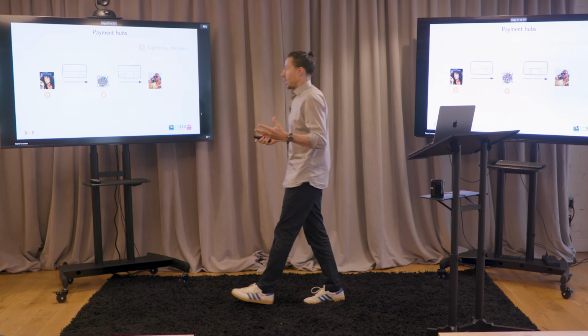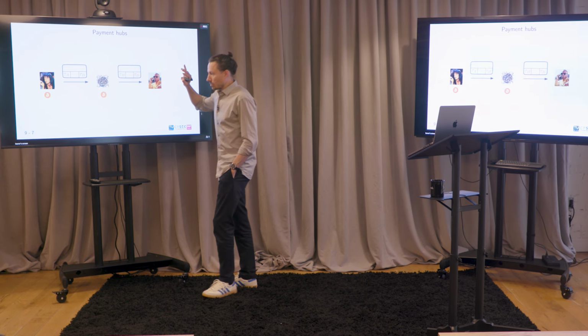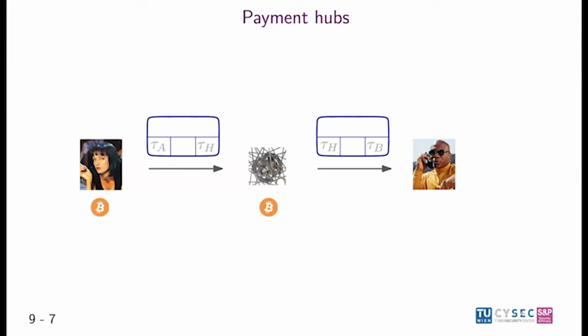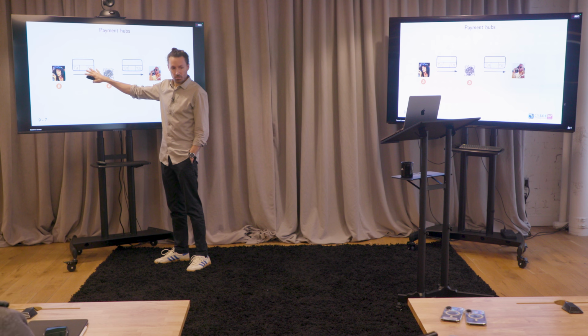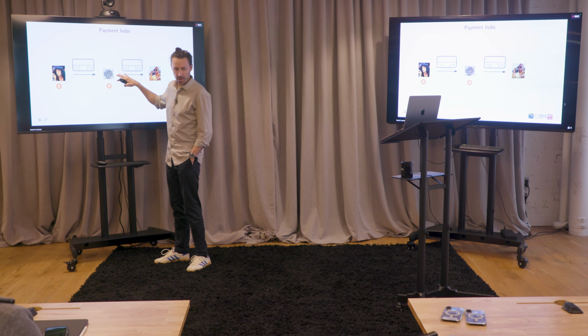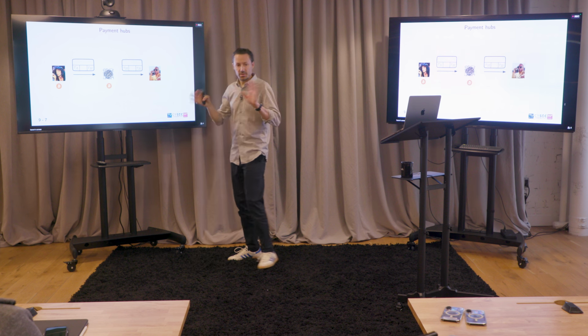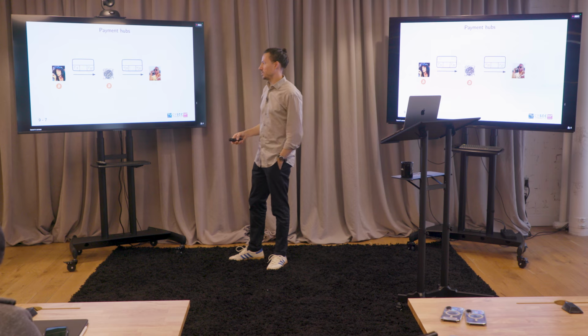Okay, what's relevant is how this is done. So the way it's done is that Alice creates a Bitcoin transaction that needs two signatures to be spent, right? One by Alice and one by the payment hub. And if there are signatures by both of them, then you can think of this Bitcoin being transferred to the hub. So really there's more than one transaction, but I'm abstracting away details.